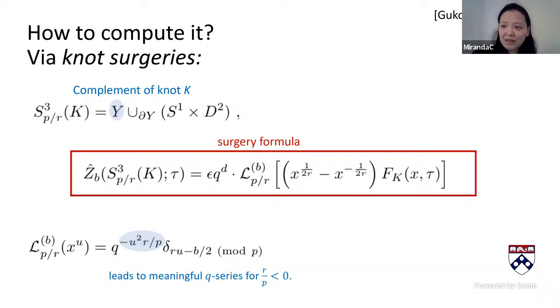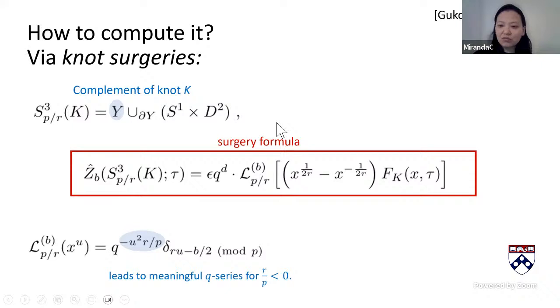So that's nice. And then there's another paper by Sergei and Ciprian Manolescu. They also give another way to compute it, this time via knot surgeries. You consider the complement in S3 of a knot: you take an S3 and dig out the complement of a knot, and then you glue back the solid torus after some surgery given by p over r, a rational number.